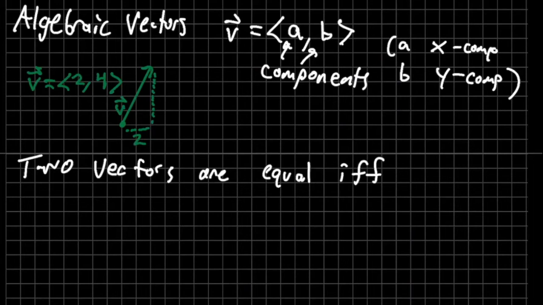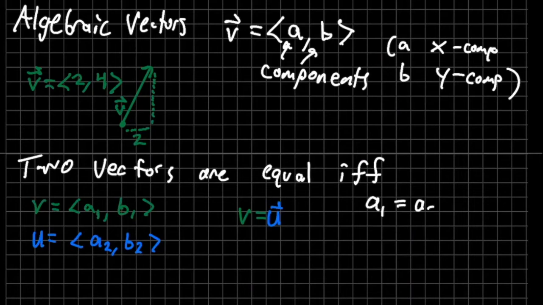So two vectors are equal if and only if their components are equal. Defining two vectors, v equals a1, b1, u is equal to a2, b2, then v is equal to u if and only if a1 equals a2 and b1 equals b2.